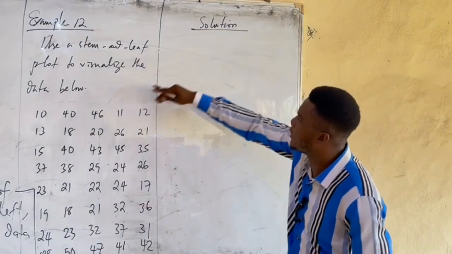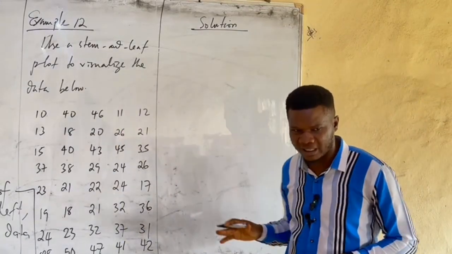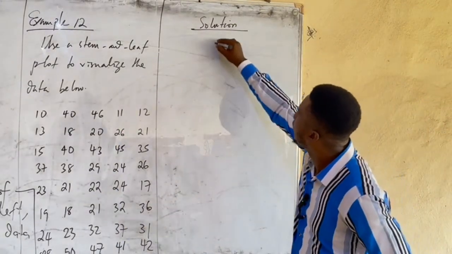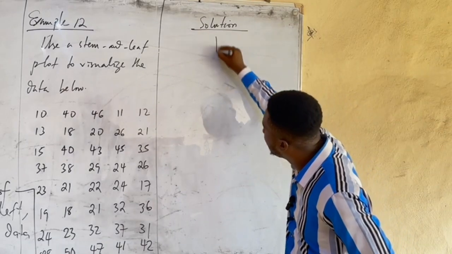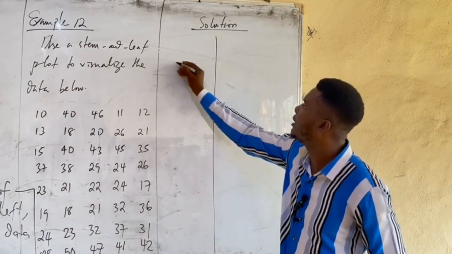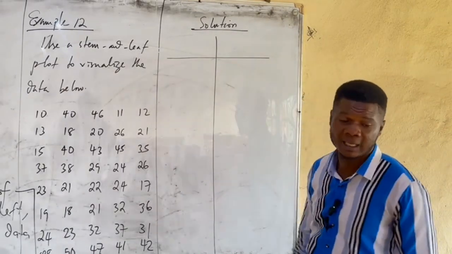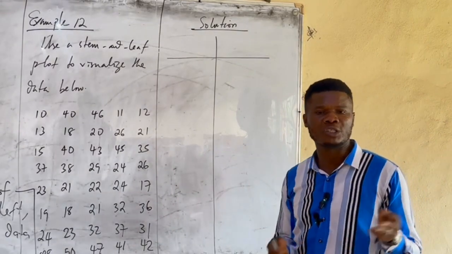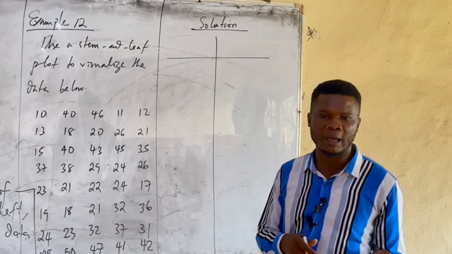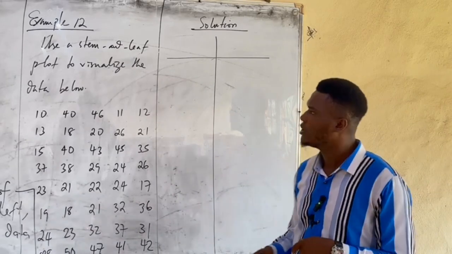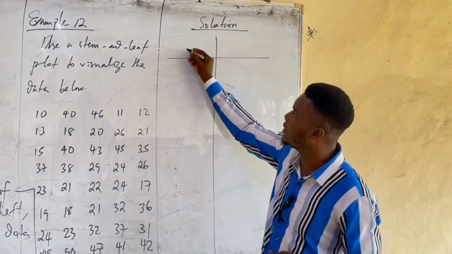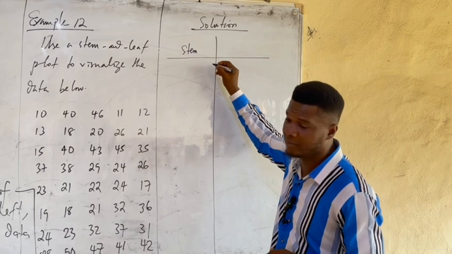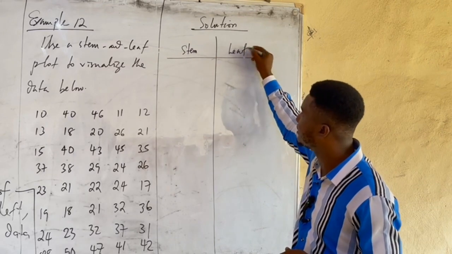See, if I tell you now, use the stem and leaf, it is very easy. What you will do is draw something like this. You remember what we did in primary school using singular and plural, present tense and past tense? You just draw a table like that, and you call this one stem, and you call this other part leaf.